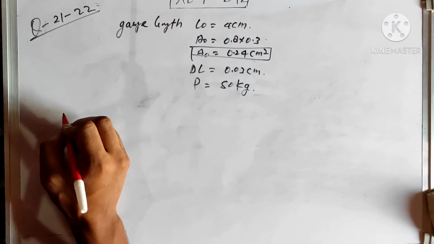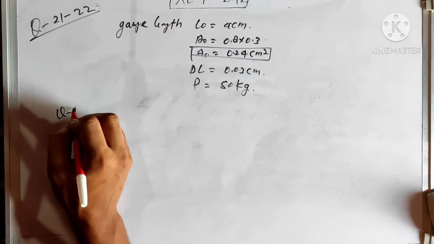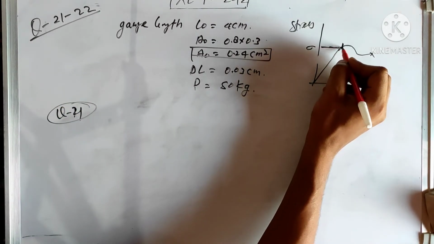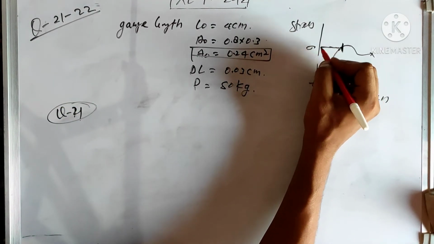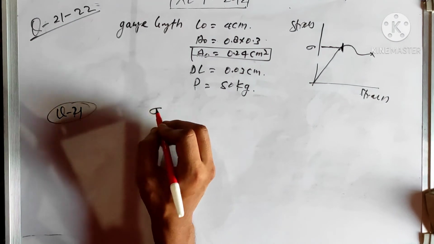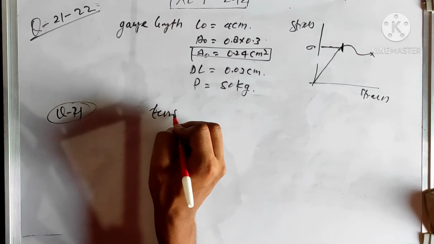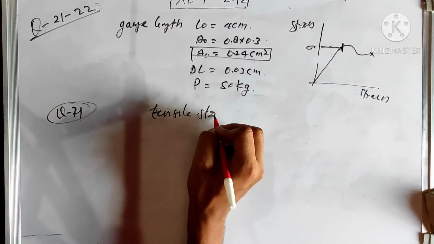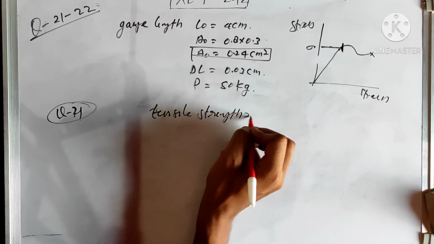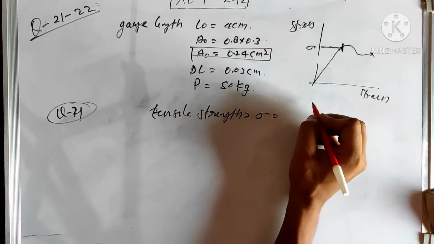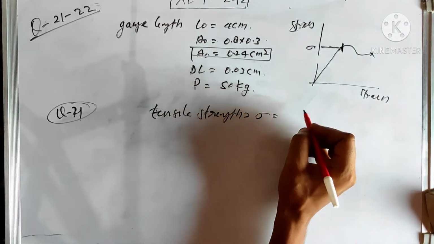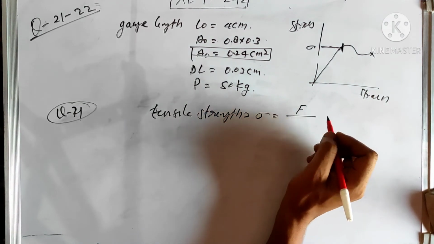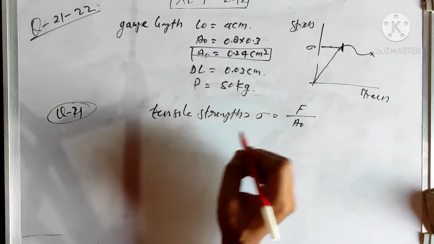Now in question number 21, the stress acting at this point is known as the tensile strength. Then the tensile strength sigma is equal to force at the breaking point divided by original cross sectional area.